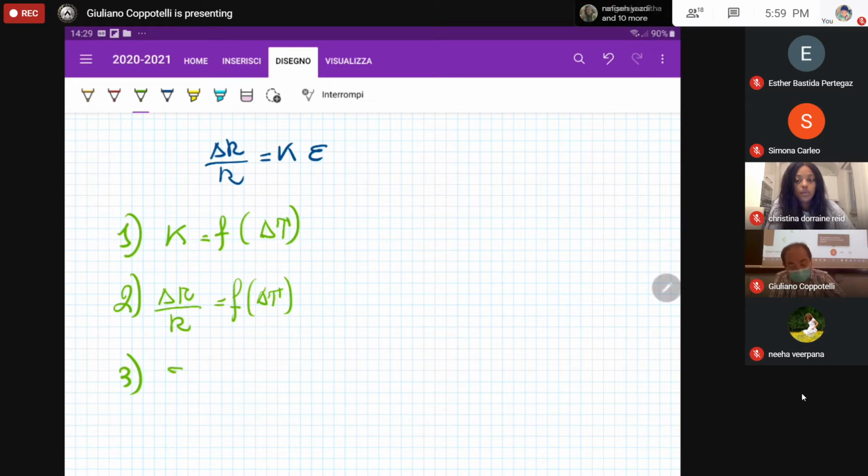So also the strain, because of the linear coefficient of the thermal expansion, is subjected to the different operating temperature. So also the strain is another function of the operating temperature, so delta T. Now let's see what are these 3 different effects, one after the other, and then at the end we put them together in order to have the overall evaluation of the effects of the operating temperature to your strain gauge measurement.